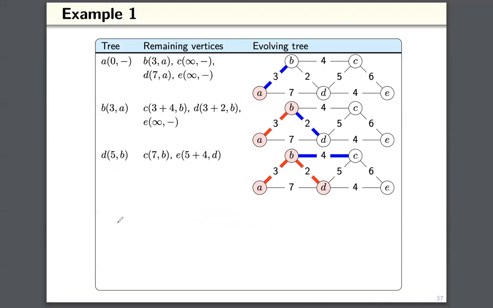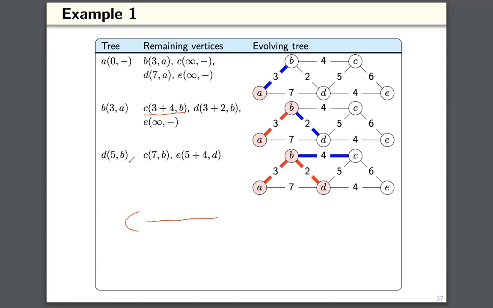C was 7 comma B, which we already considered, right?